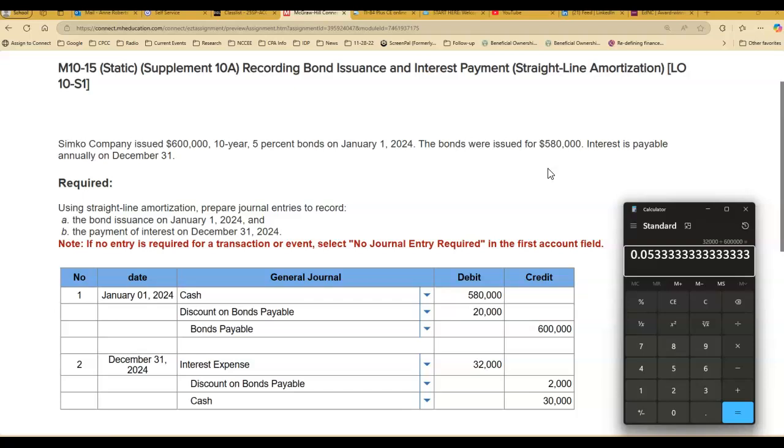Remember, the $600,000 is the guaranteed amount that we're going to receive on the maturity date, the face value. As the investor is looking at it, that's what the company.